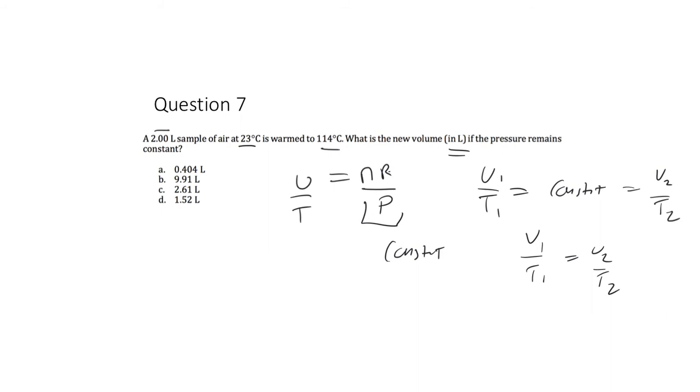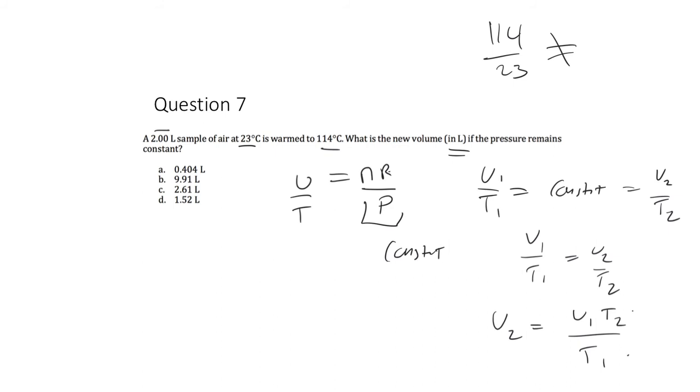And so then what is the new volume? Our V2 is going to equal V1 T2 divided by T1. Now, it seems like you might be able to leave this in degrees C, but we have to convert to Kelvin. The reason why is 114 over 23 doesn't equal the Kelvin ratio.